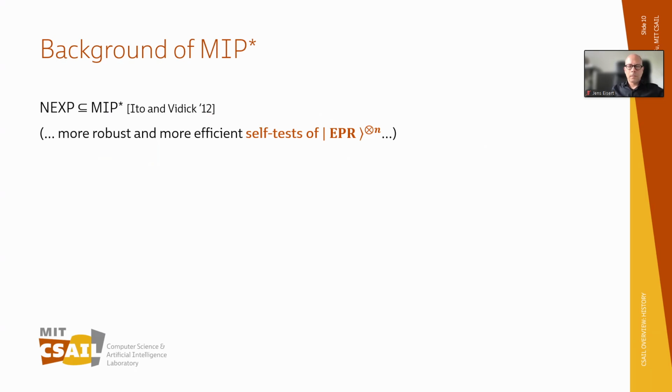And the latest one, in 2019, Natarajan and Wright use an efficient self-test for n EPR pairs, which only uses log n bits of communication and can tolerate like a 1/log fraction of corruption. They use that to prove that NEEXP is contained in MIP star. So NEEXP is the exponential version of NEXP. So this means MIP star is strictly more powerful than MIP.